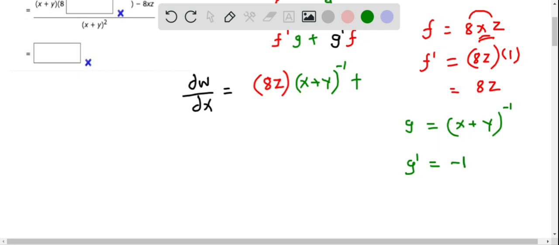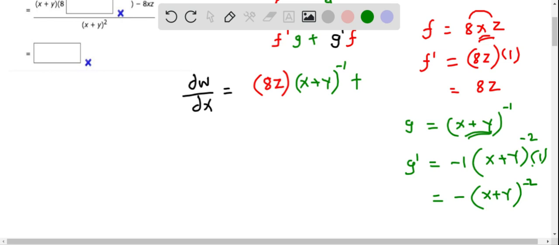So we put the power in front and raise the expression to the power of minus 1, which becomes minus 2. And then we use the chain rule to differentiate x plus y with respect to x, and we get just 1. So basically, this expression is simplified to negative of (x plus y) raised to the power of minus 2.